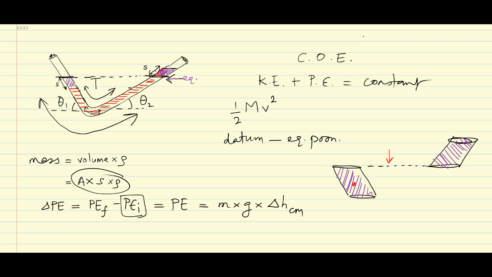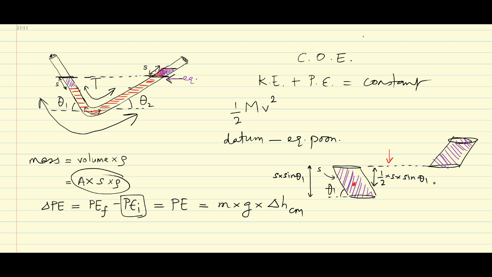Now this angle is given to be theta 1 and this is equal to S. So obviously this entire height of the inclined cylinder is going to be S multiplied by sine theta 1, and clearly the distance between the dotted line, that is the top of the inclined cylinder, and the CM, which is at the geometrical center, must be half into S into sine of theta 1.